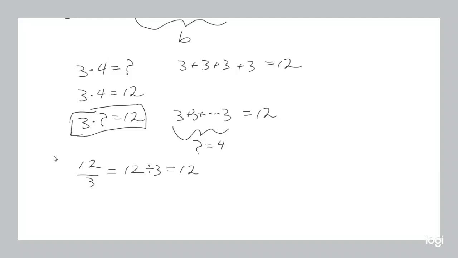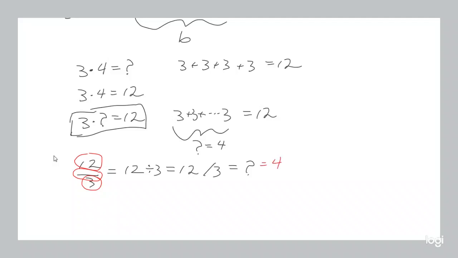When you say, what is 12 divided by 3? What you're saying is, if I want to get 12, how many times do I need to add up 3? That's what that means. And the answer is 4.